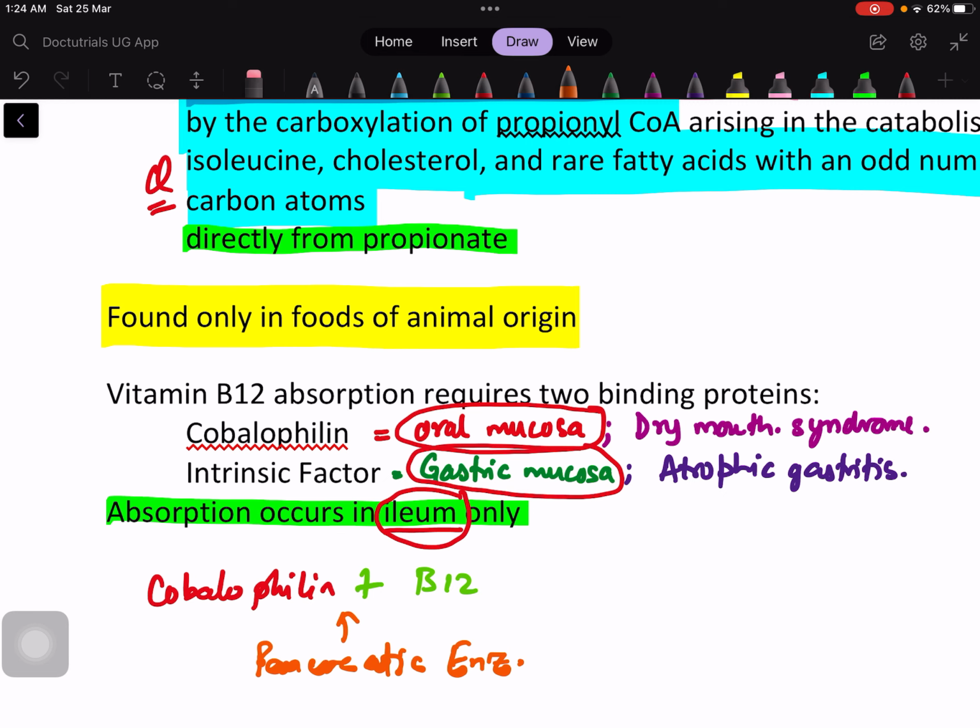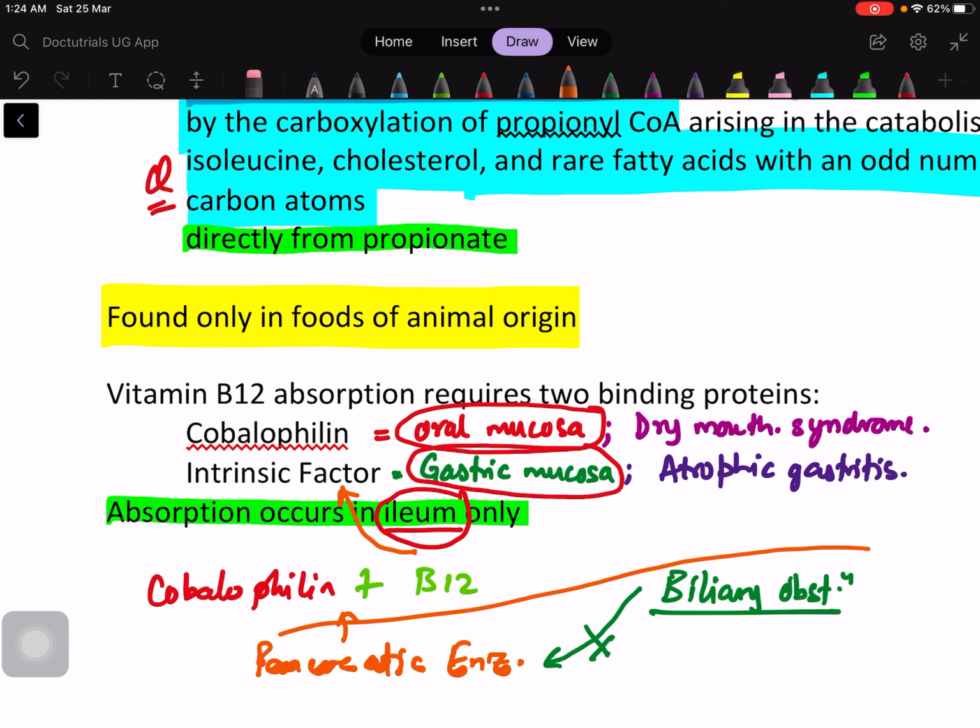What this means is, if there is a problem in the pancreatic secretion, okay, meaning if there is biliary obstruction, in that case the B12 will not get released from cobalamin, and therefore it will not get attached to the intrinsic factor. So the fourth thing which comes into the picture is the pancreatic enzyme.